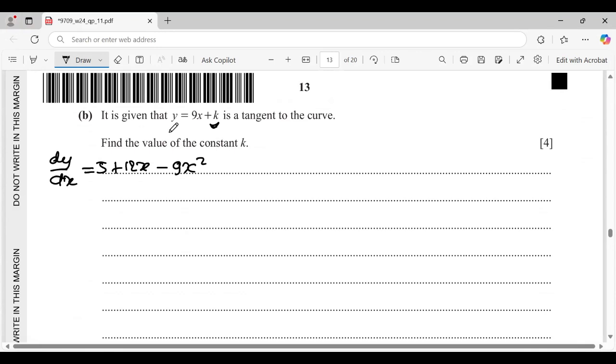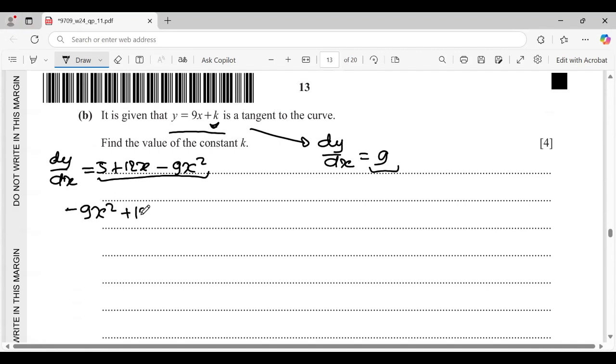And based on this information, there is a line y equals 9x plus k. If we find the derivative of this function, it is 9. So dy/dx is 9. It means this expression equals 9. I'm going to write here that minus 9x squared plus 12x plus 5 equals 9.